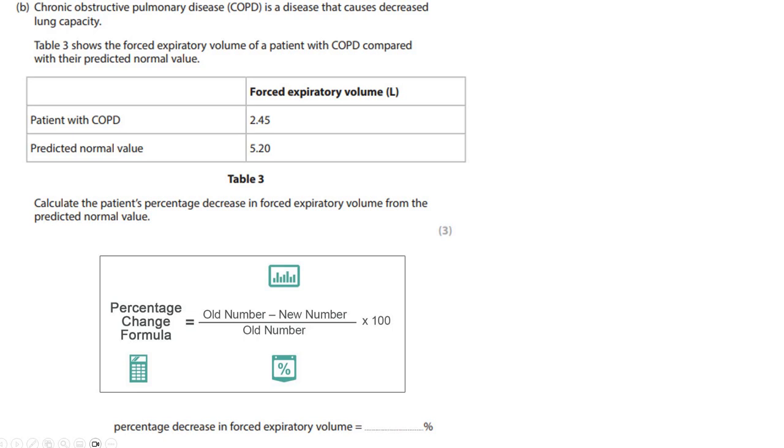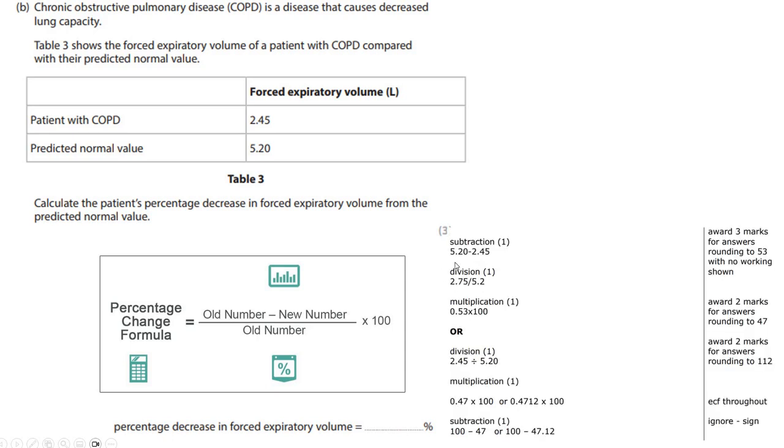So, to get percentage change, it is the old number minus the new number over the old number times by 100, or final minus initial over initial times by 100. So you're doing the difference over the original times by 100. So you get a mark for doing 5.20 minus 2.45 to get the difference.